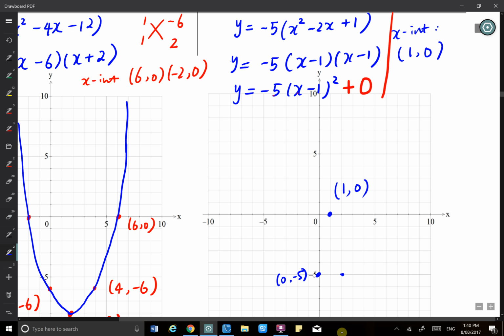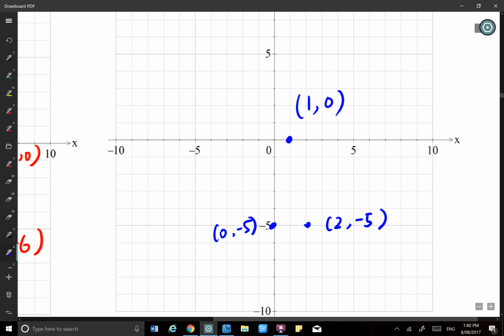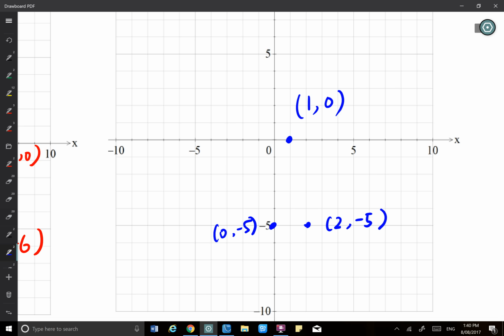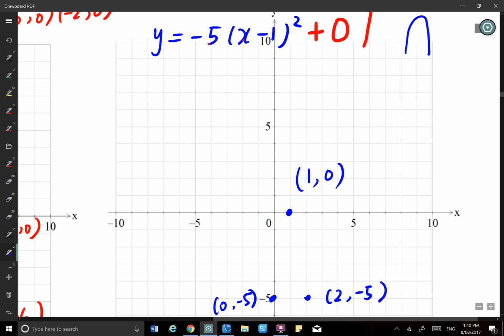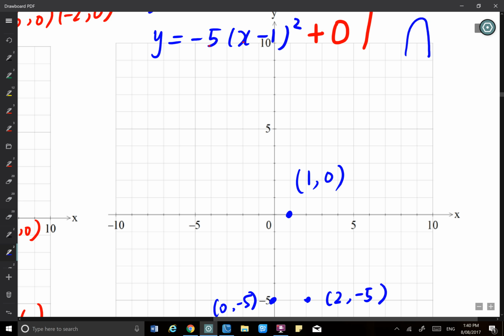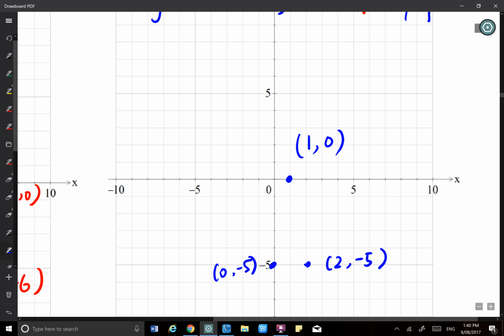And I know (0, negative 5) is here. And I have (2, negative 5) here, because the line of symmetry is x equals 1. And very obviously this graph is a sad face shape, a negative shape. So the graph looks like this.